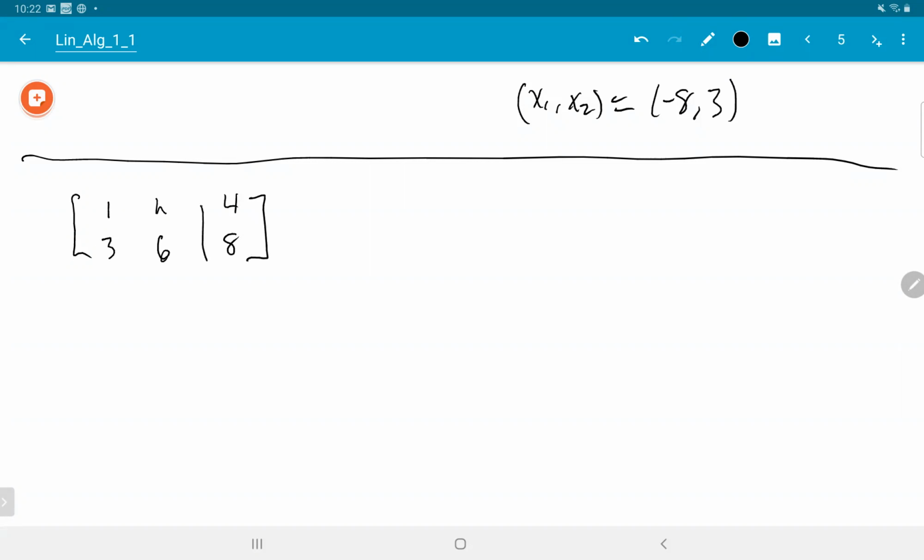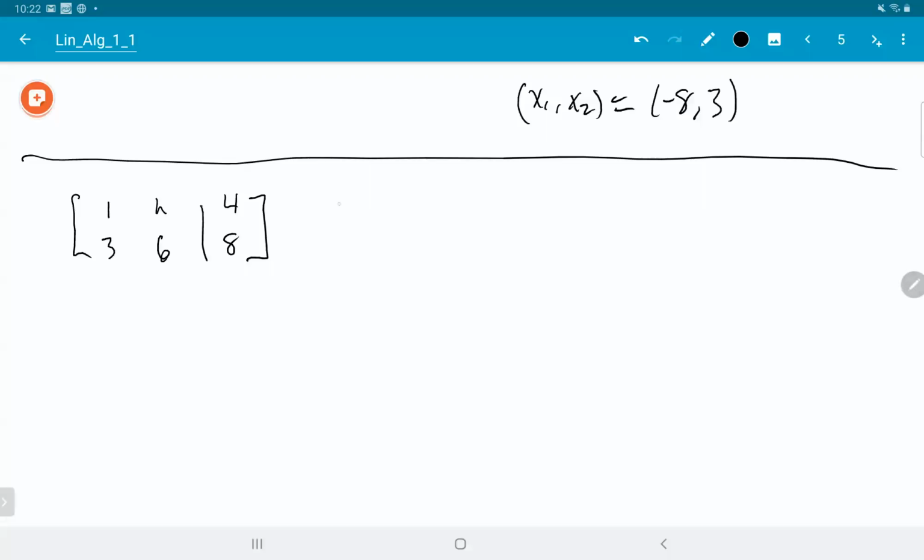And it asks you to find which values of h make the equation consistent, and which values of h make it inconsistent. So what we can do here is just do elimination as well.